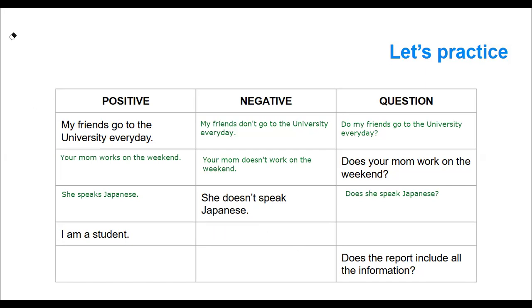Hagamos algo para que no se nos vaya el tiempo. Let's do the last one. Does the report include all the information? What is the positive form? The report include the information.